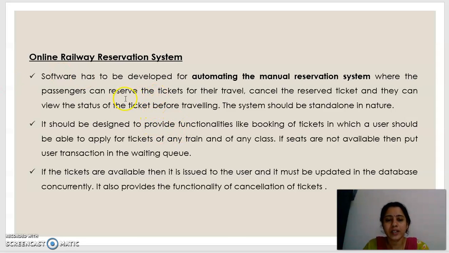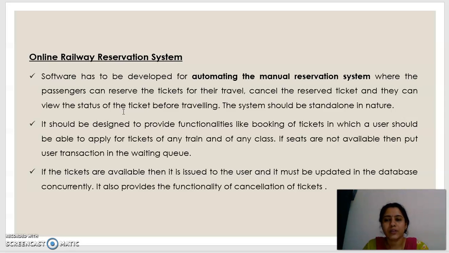Another application is the online railway reservation system. Again, in the railway reservation system, you may book the ticket or you may cancel the ticket. Sometimes the ticket may be in the waiting list, or sometimes if you cancel the ticket, the refund must be initiated.